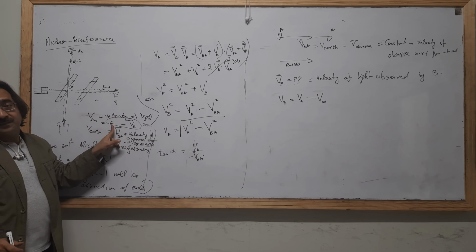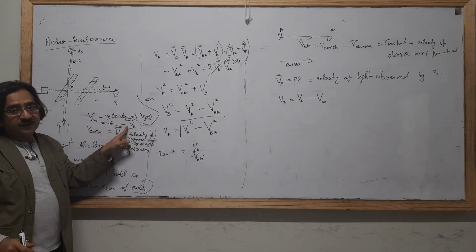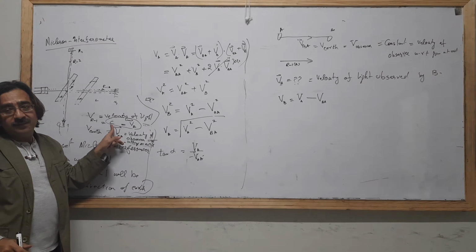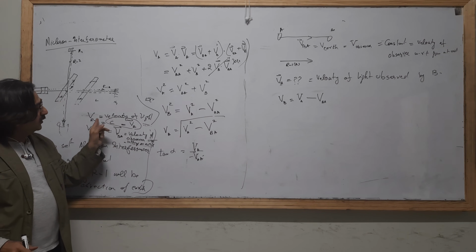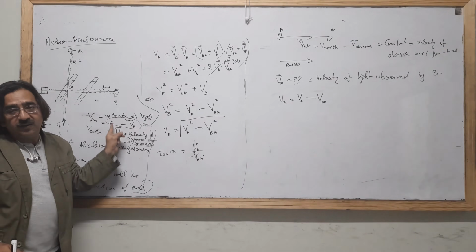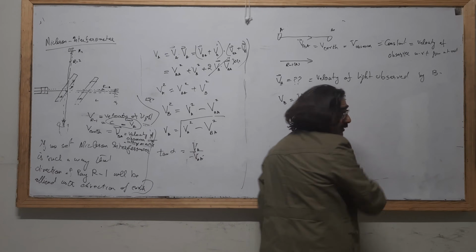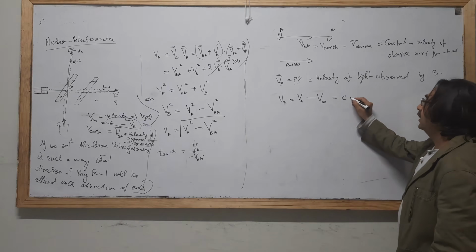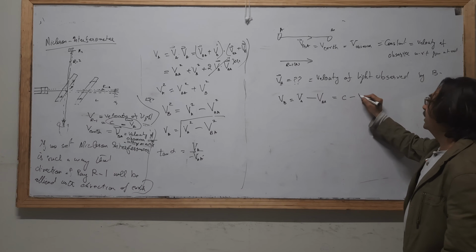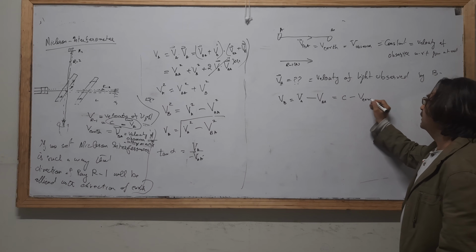VA is constant. VA is the velocity of light with respect to observer A, that is C, and VBA is the velocity of Earth.